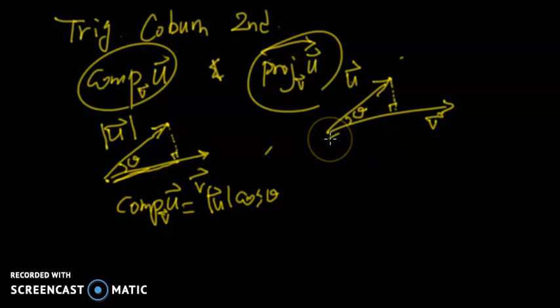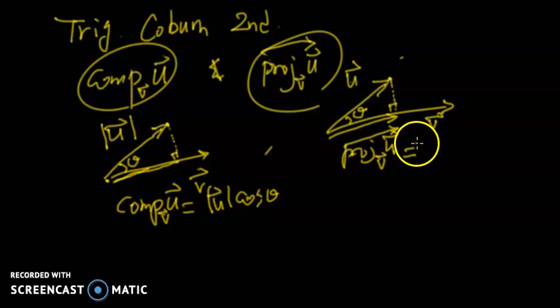So side length of this right triangle, the bottom side, we call component of U vector along V vector. So this is a scalar, the length of this side, but give the direction with the arrow, with the same direction as the V vector. That is we call projection of U vector along V vector, vector quantity.